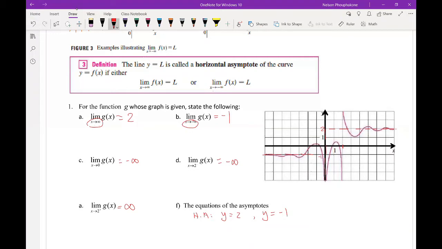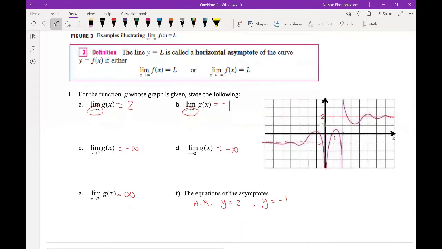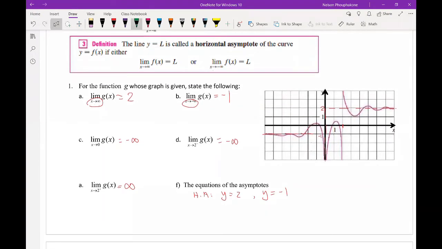It must be y equal to 2 or y equal to -1. And I know that if a limit as x approaches a number and the output is positive or negative infinity, that means we have a vertical asymptote. In this case, I will have the vertical asymptotes x equal to 0 and also x equal to 2.